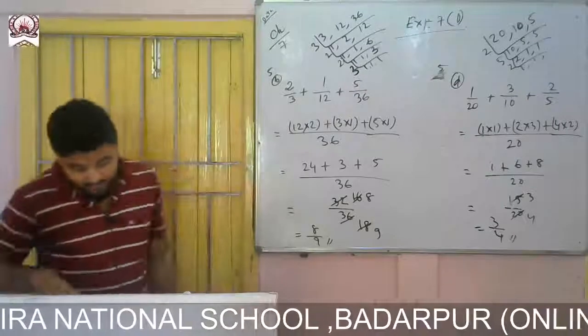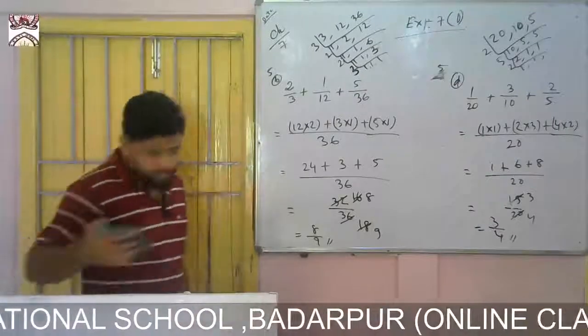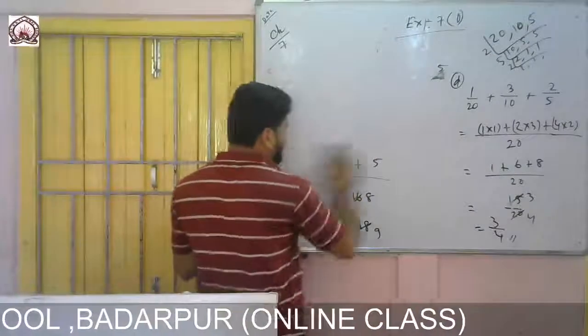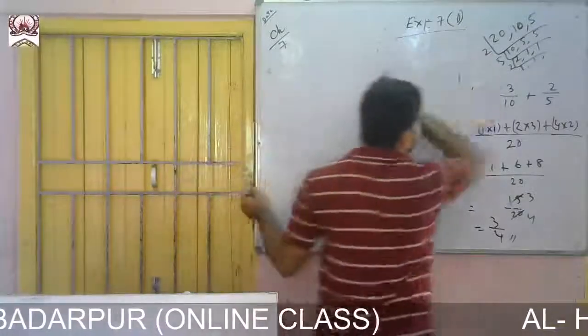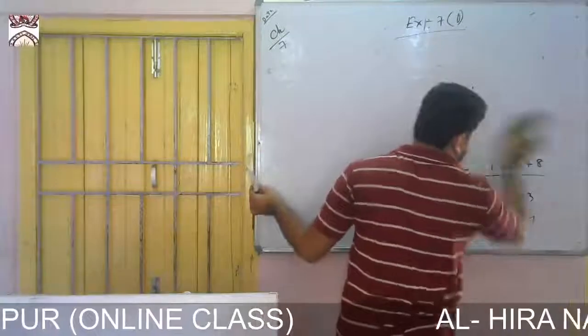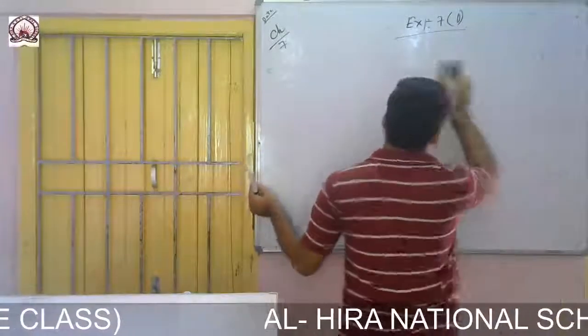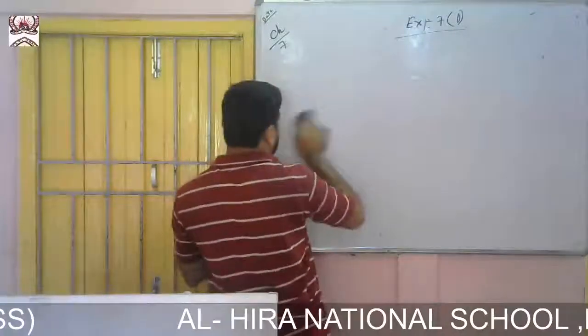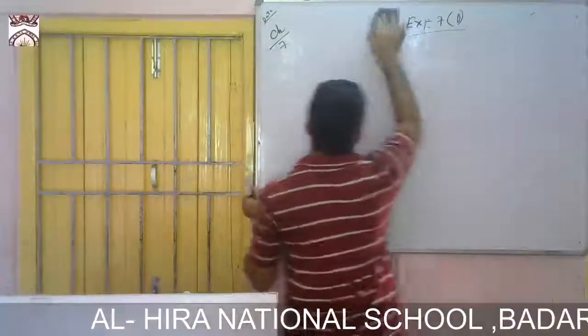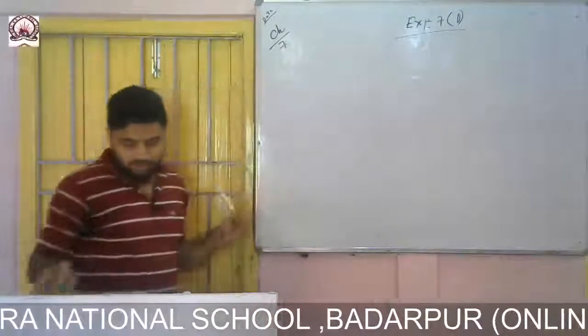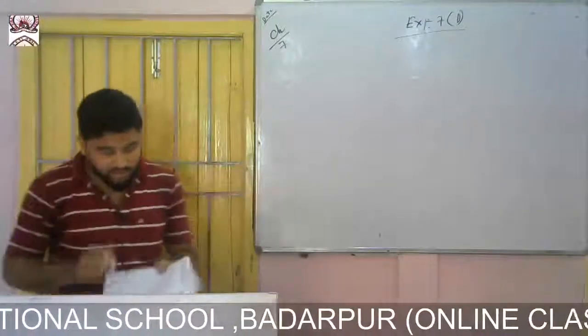Okay, question number B and question number D both are big. Question number B, what is there? 6B.